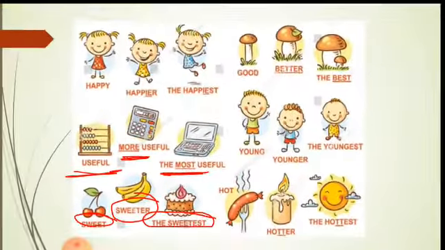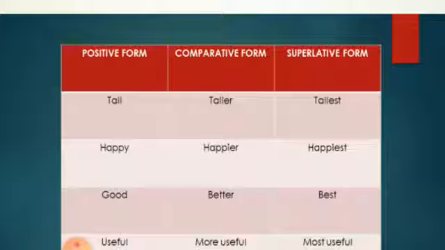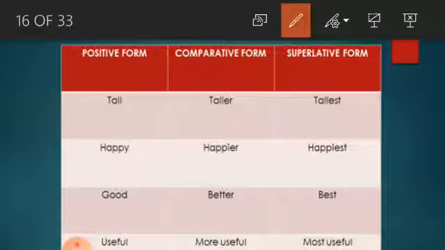So what are the 3 degrees in which the adjectives can be used? First one is positive form, comparative form, and the last of all is superlative form. So how can we use them?